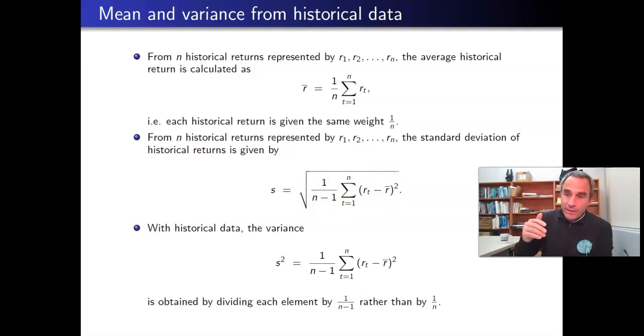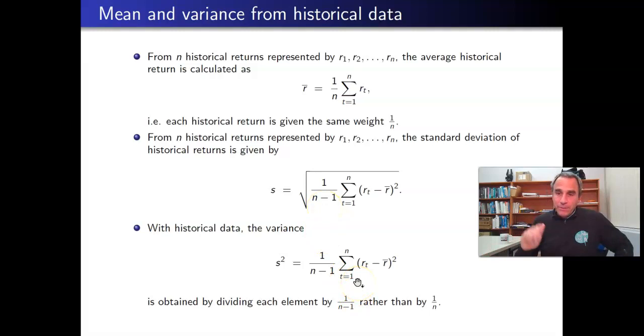When computing the theoretical variance for future potential returns, we calculated the difference between each potential return and the expected return to the power 2, with every observation weighted by its probability of occurring. Now every observation is not weighted by 1 over n, it's weighted by 1 over n minus 1.